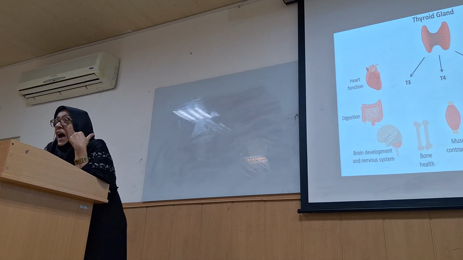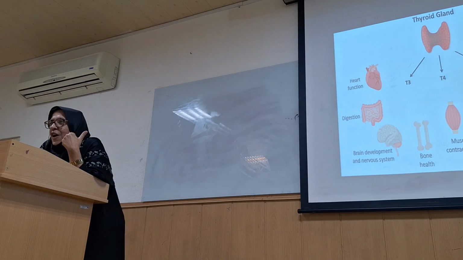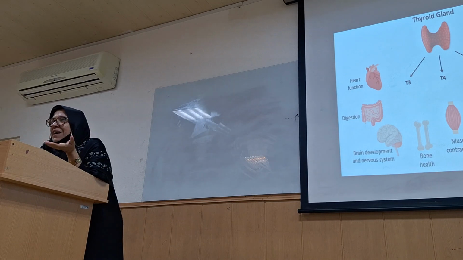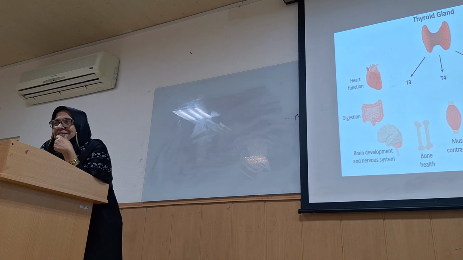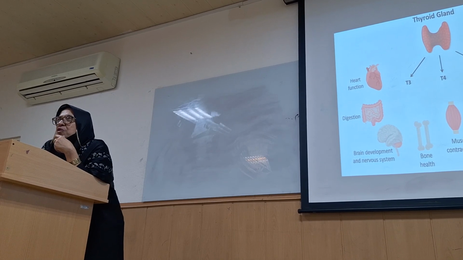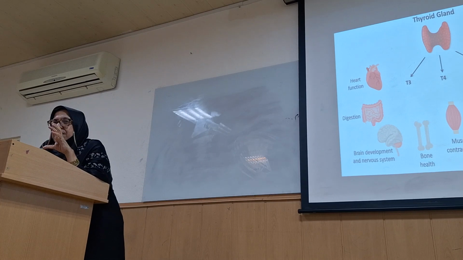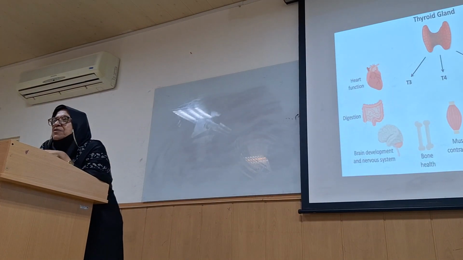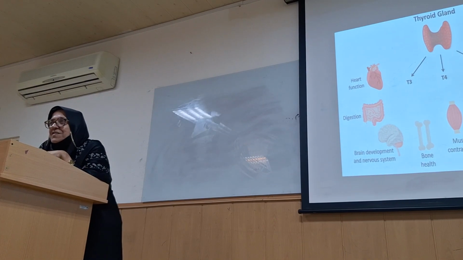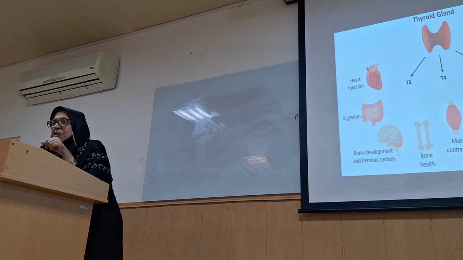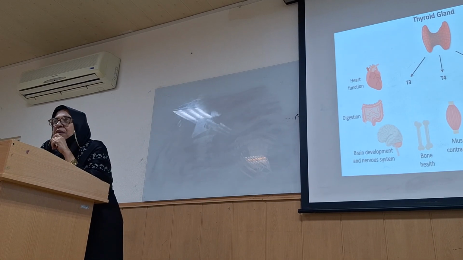But in hyperthyroidism, maybe heart rate reaches 100 per minute and damages the heart. You know, we have a heart rate of approximately 75 to 80 per minute. When we have a normal value of thyroid hormones, we have a normal heart rate.